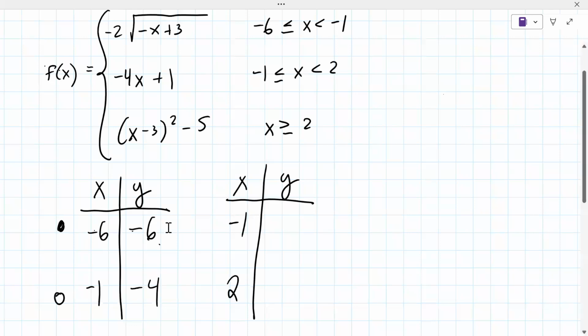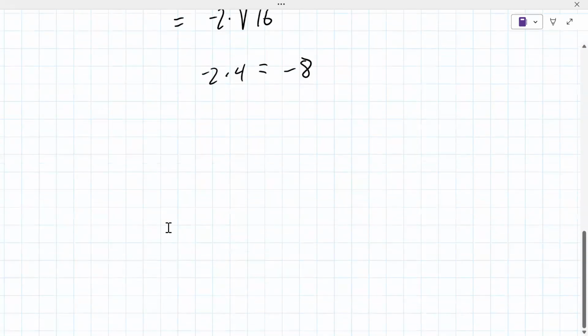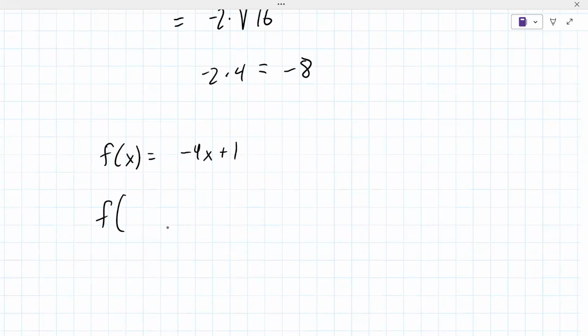All right, so I'm going to grab that middle piece again. f of x. Well, this is different than the one that we did for example. So let's say you wanted to find f of -8. You'd put -8 in for x. Do you multiply or do you add first?